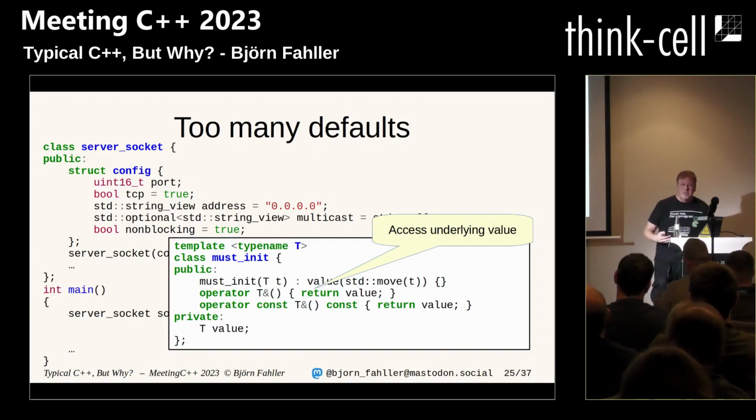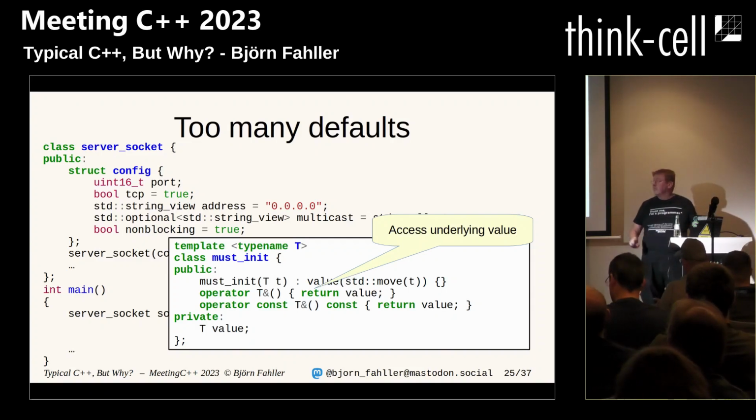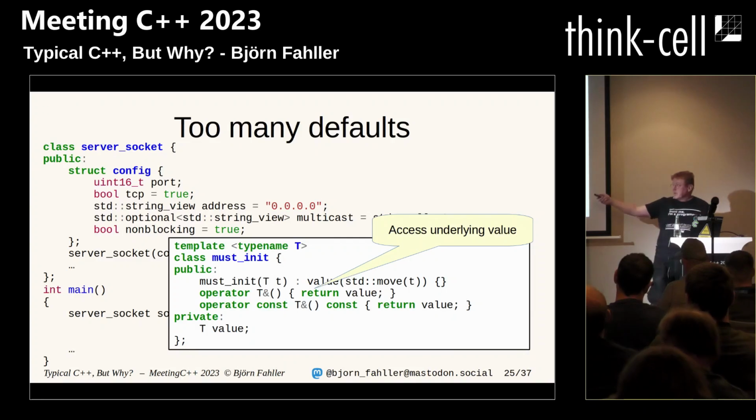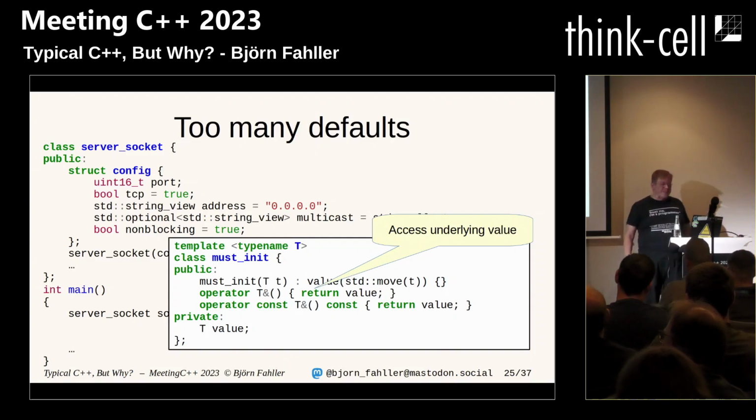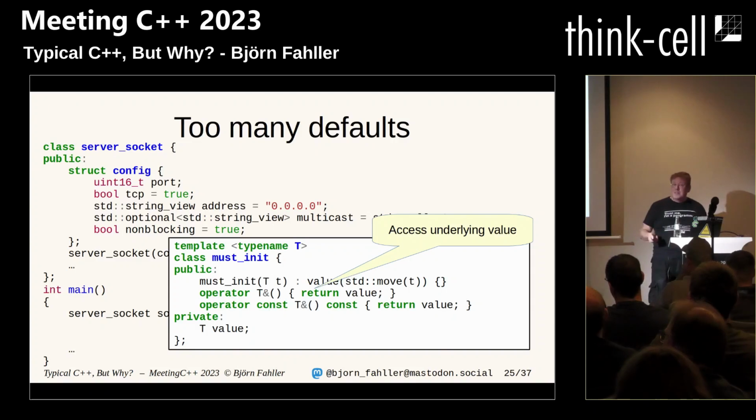I just want to ensure that it's not default initialized, that you must give it a value. So I think it's okay in this case. If you would write this code and ask me to review it, I wouldn't complain, but I also wouldn't complain if you actually did make these conversion operators explicit. And I wouldn't complain if you made the constructor explicit either. It's all right, but I don't think it's necessary in this case.